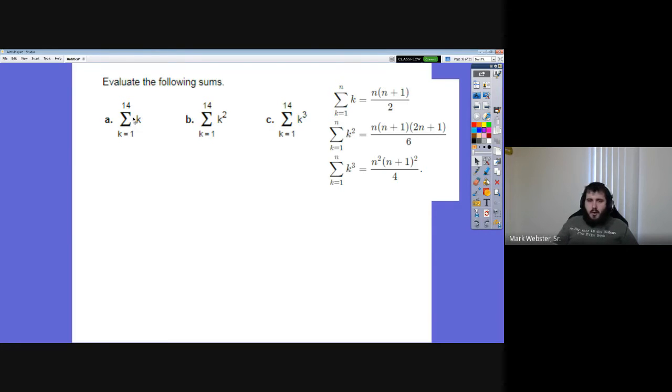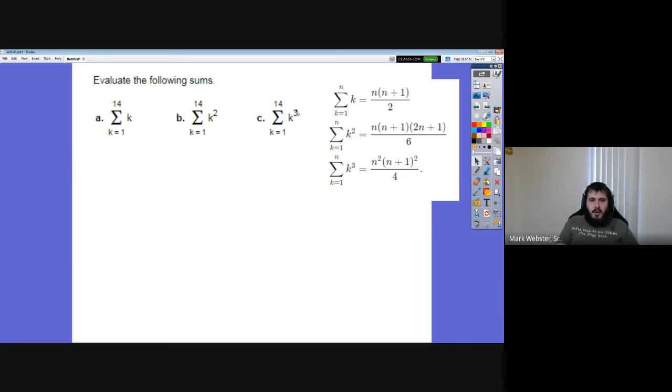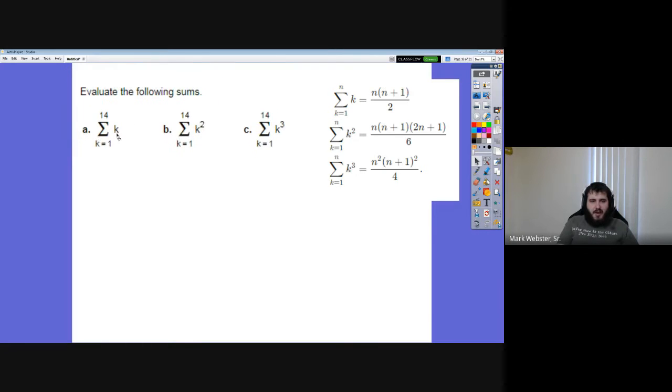But if you know that you're just adding up k like this, the upper limit is going to tell you everything you need to know, because you're adding up the numbers from 1 to 14. If n is 14, then you're going to do n times n plus 1 all over 2.